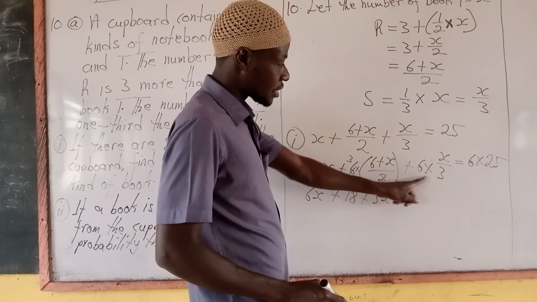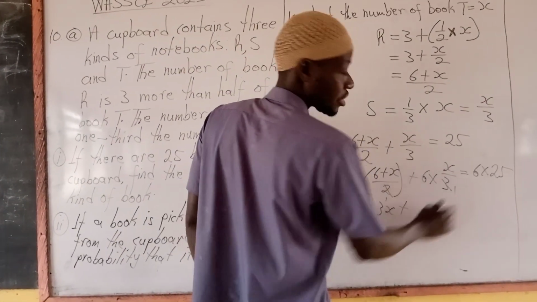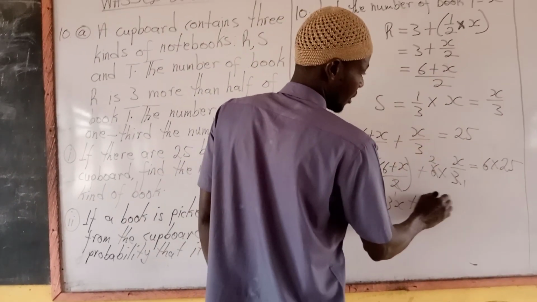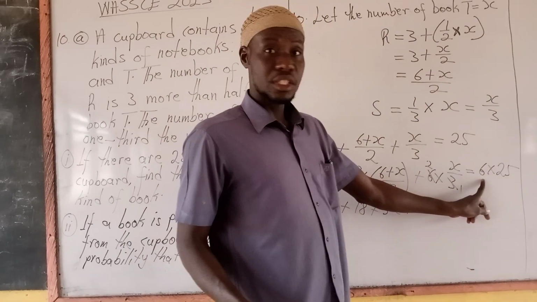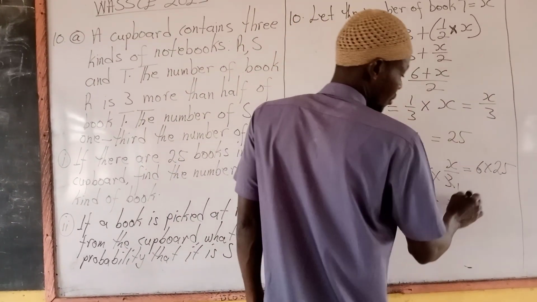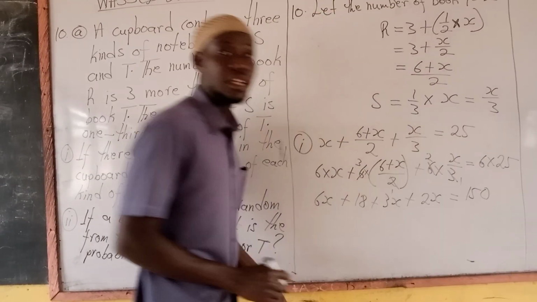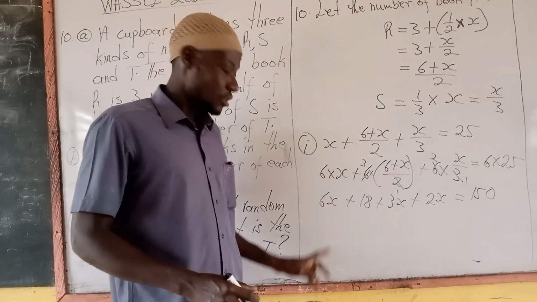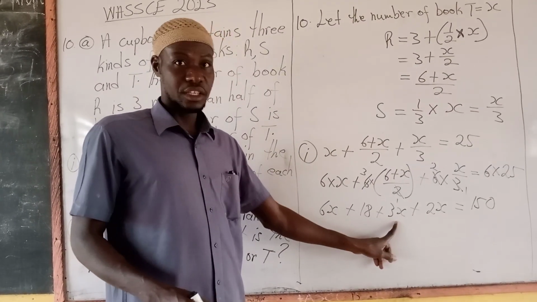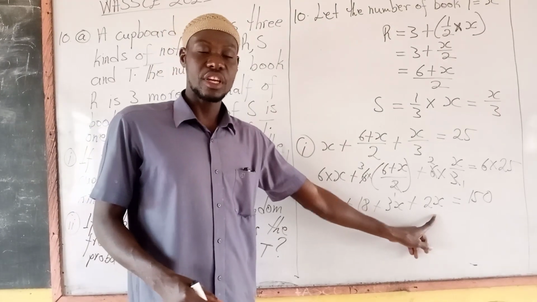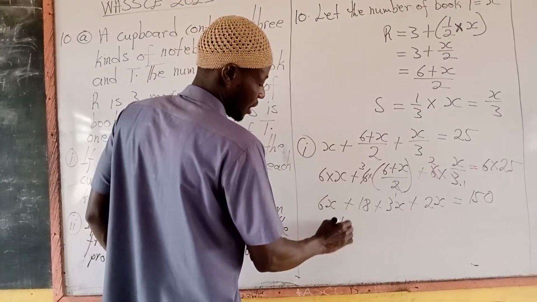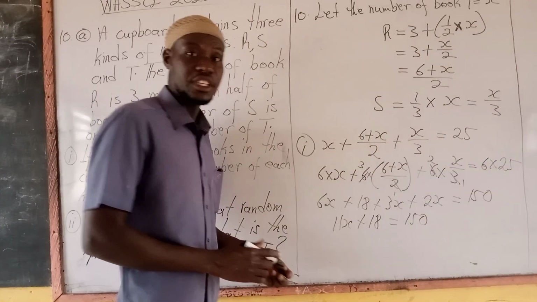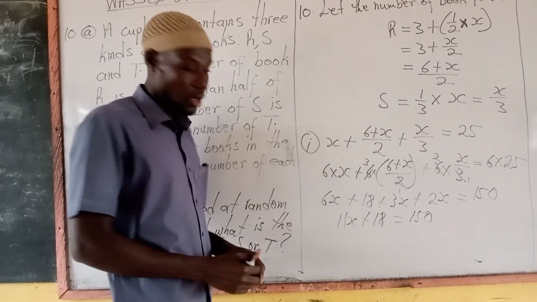Plus 6 times x over 3: 3 into itself is 1, 3 into 6 is 2, so 2 times x will give us 2x, is equal to 6 times 25, which is 150. Now we add the like terms. 6x plus 3x will give us 9x, and 9x plus 2x will give us 11x. We have 11x plus 18 is equal to 150.